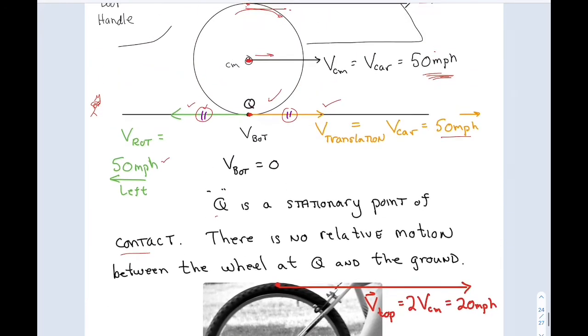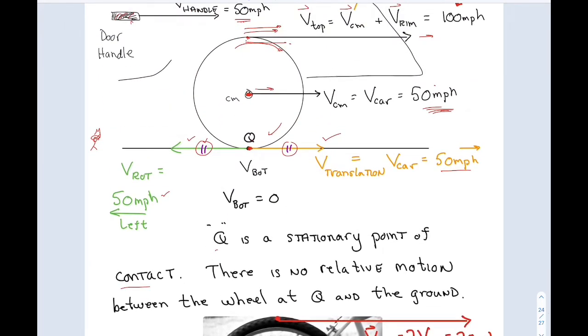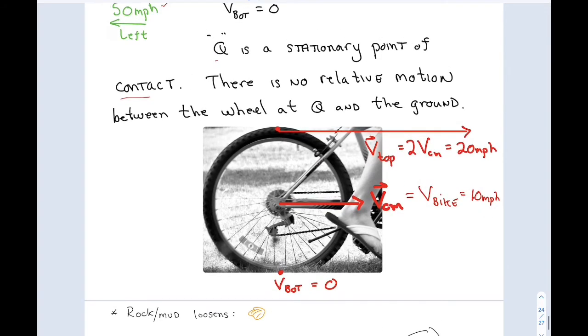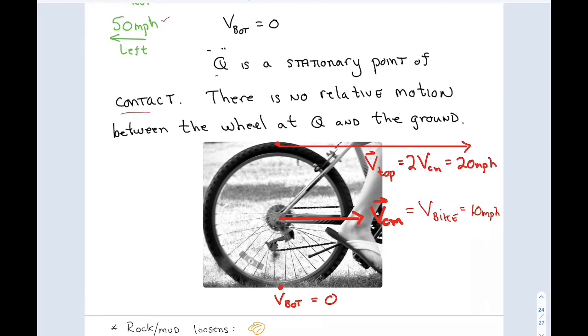So here I have a bike wheel. I could ask, how are all these arrows up here demonstrated in this picture? If I look at the spokes, the middle of the wheel has speed of the center of mass. Top of the wheel has twice the speed of the center of mass. So if this person on the bike has a speedometer that reads 10 miles an hour, the seat of the bike is going at 10 miles an hour to the right.